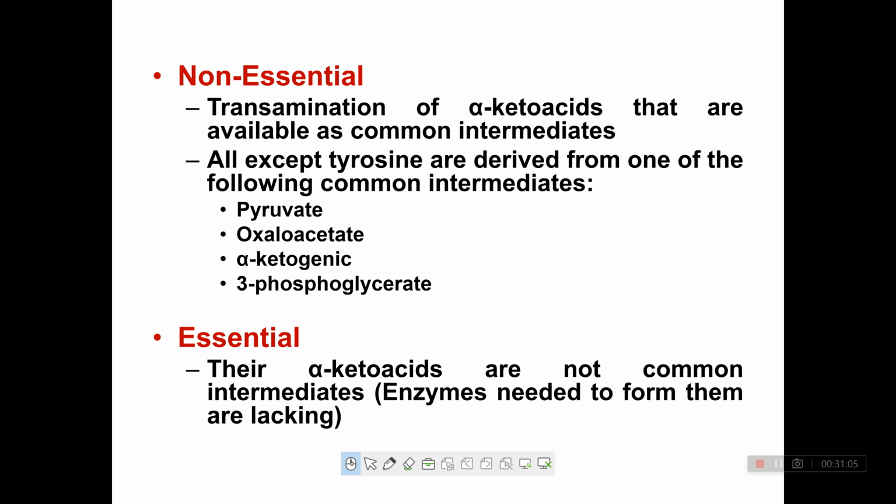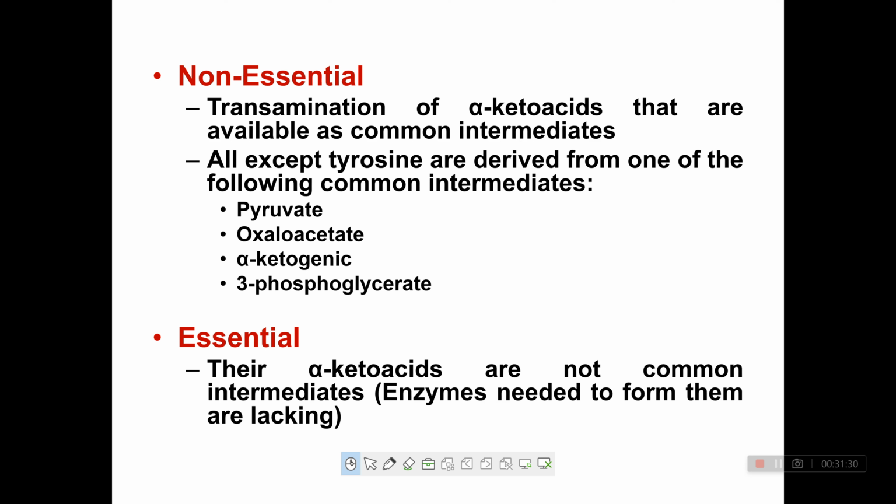All non-essential amino acids except tyrosine are derived from one of the common intermediates of those three pathways: glycolysis, pentose phosphate pathway and TCA pathway.